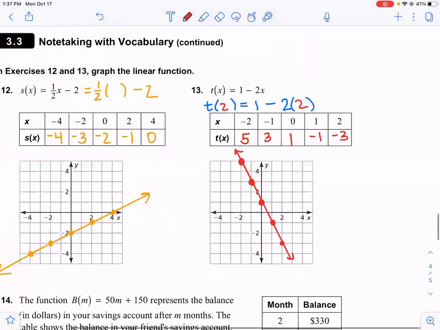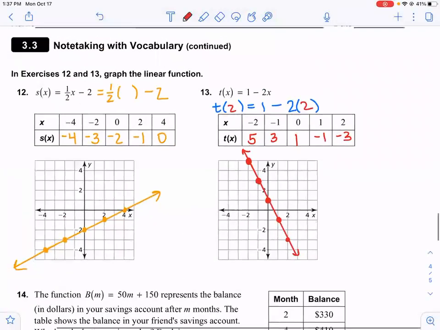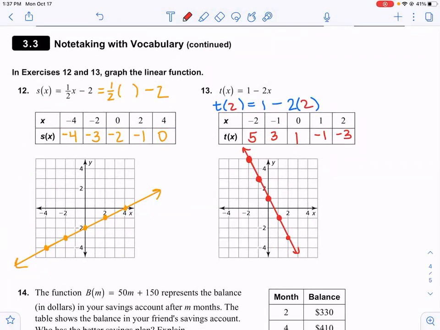I have a question. Why do you think they gave you different inputs over here compared to number 13? Raise your hand. Why are the inputs different for this number 12 than they were for number 13? Because the numbers are changing as it is.